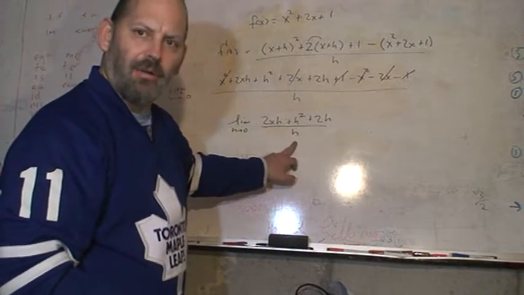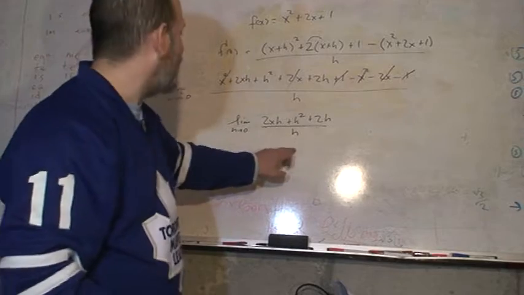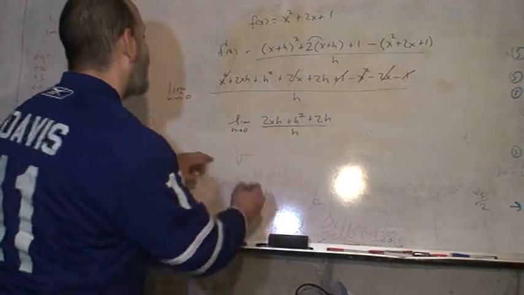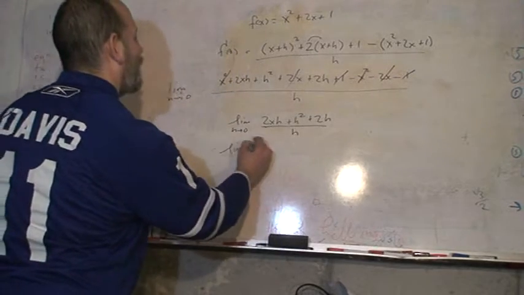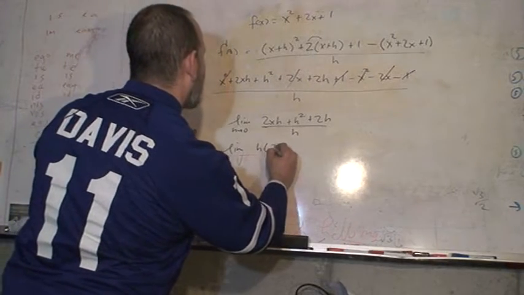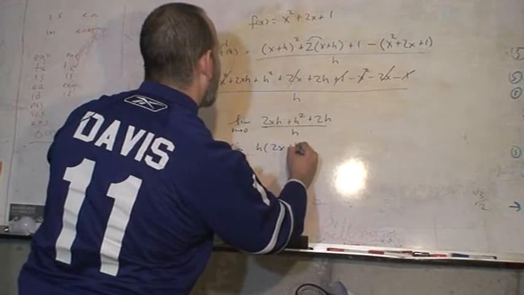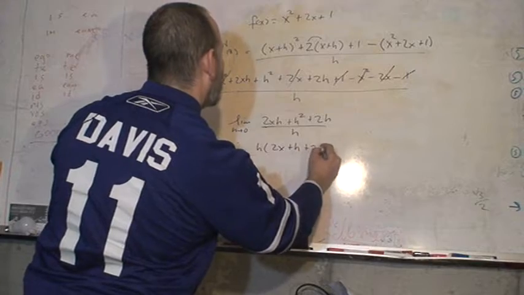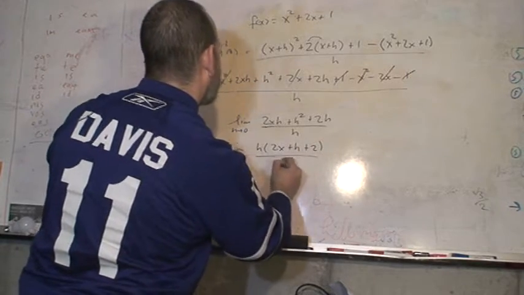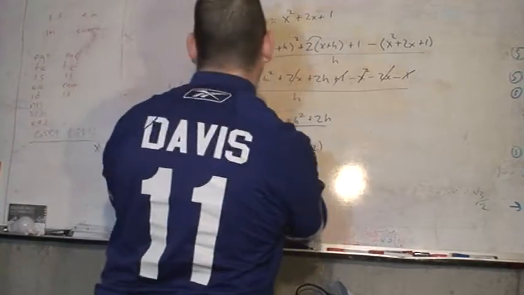Right here, we're going to take out a common factor in the top and see if we can make the denominator go bye-bye. So we got a limit here. We'll take out the h at the top. We get h times 2x plus h plus 2 all over h. The h's cancel out.